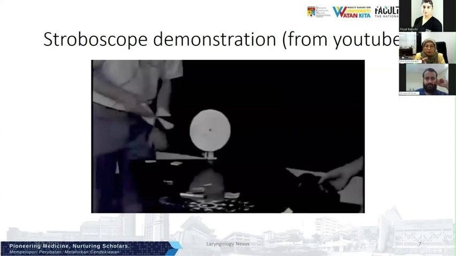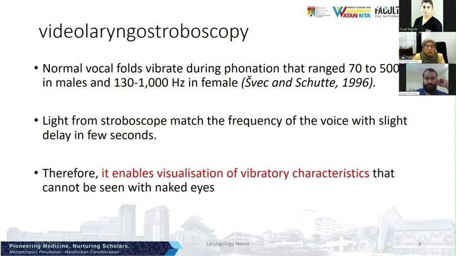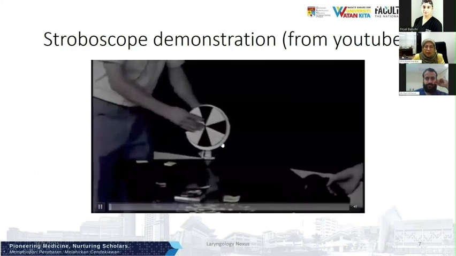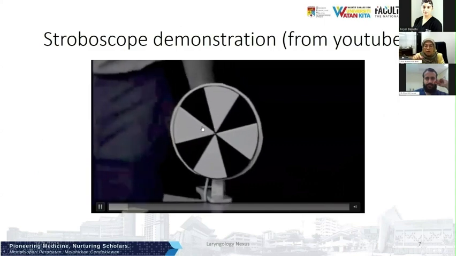This video depicts how the stroboscope works, how the repetitive light enables us to see the slow motion moving object. This video is taken from YouTube, not from my own collection. So as you can see here, there is a plate that has black and white strips around it.